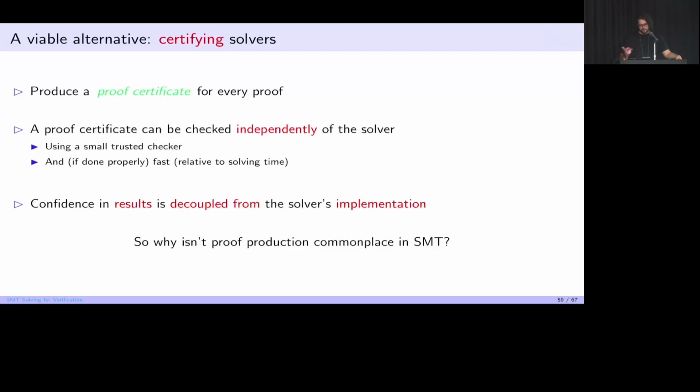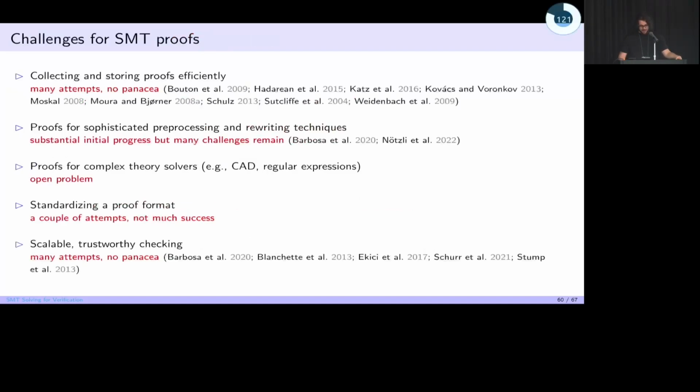But there are, of course, challenges to this, which is why it's not the case that every SMT solver is proof producing. This is a list that covers a lot of stuff. It's difficult to collect the information necessary to do this efficiently, not only as a matter of how much it's going to slow down the solver, but just being able to track everything.